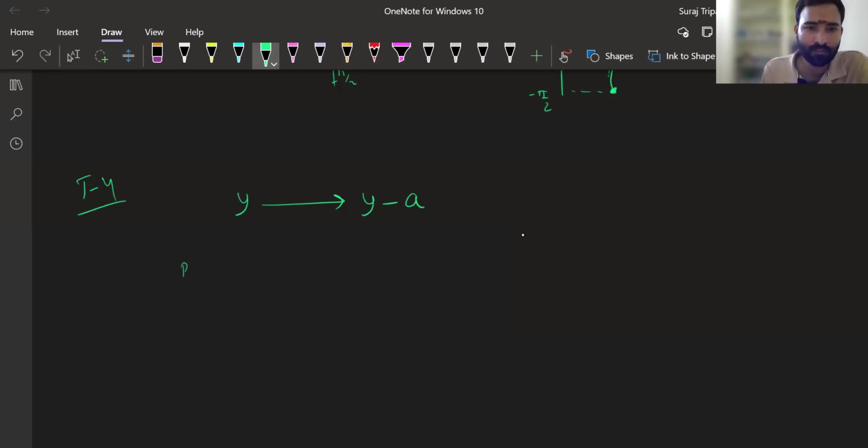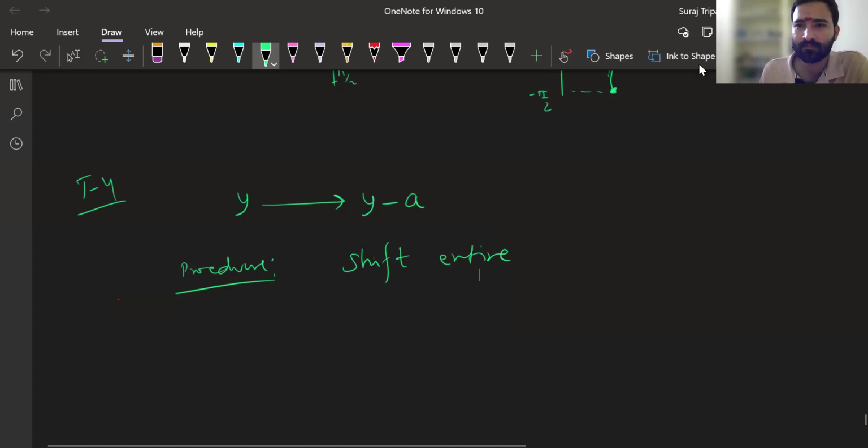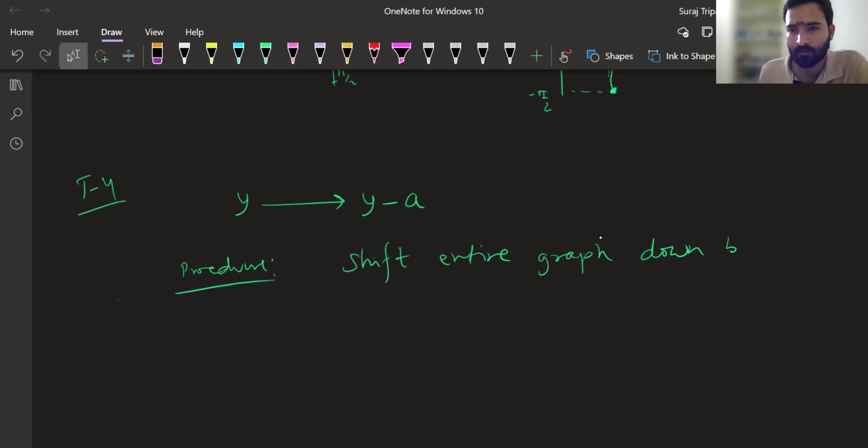So the procedure is: shift the entire graph down by mod alpha, mod a unit, right?